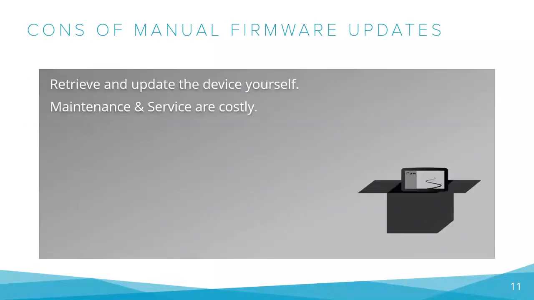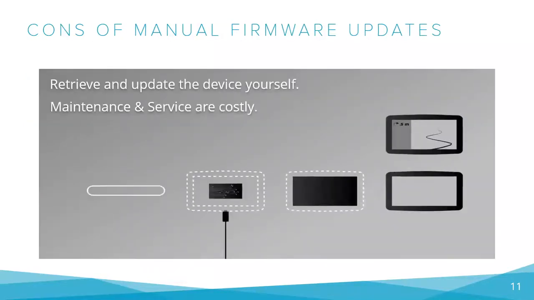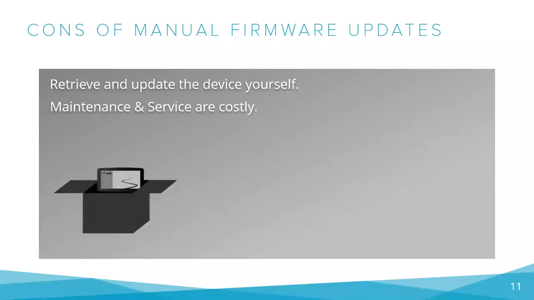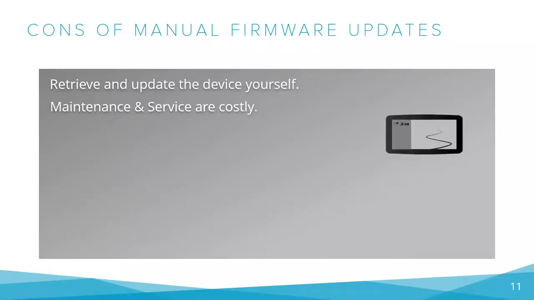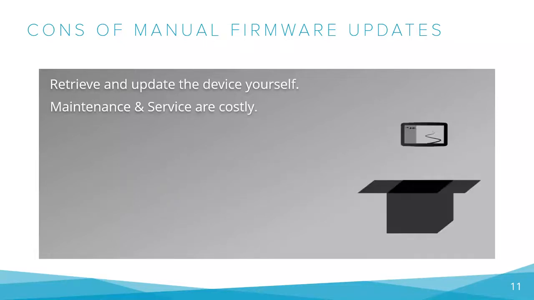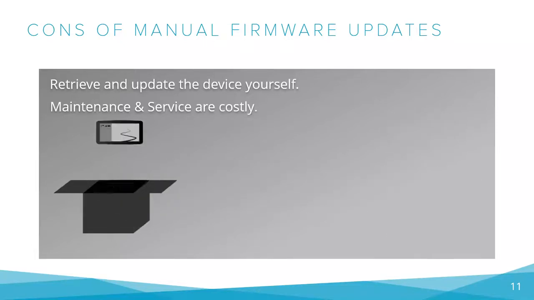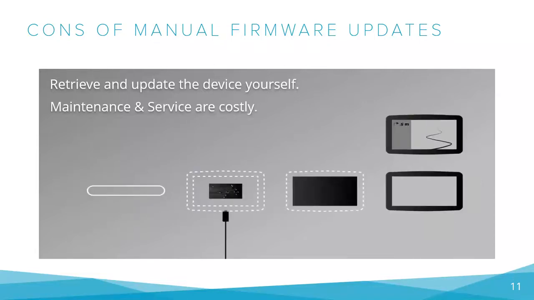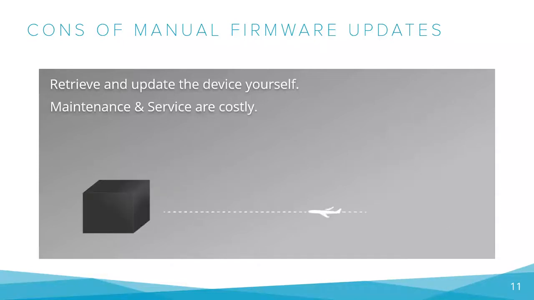But there are again cons of manual firmware update. The most obvious disadvantage of manual firmware update is having to retrieve and update the device by yourself. So this will require finding a maintenance window when the impact of downtime won't be great. So you can see a device needs to be packed, shipped, then unpacked, plugged, then upgraded, then you have to repack it, then reship it to the user again.